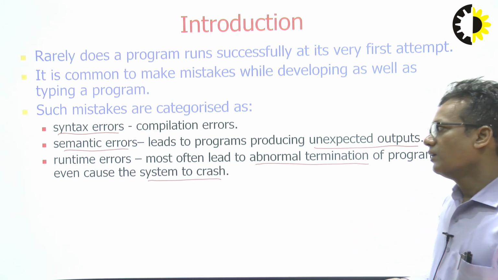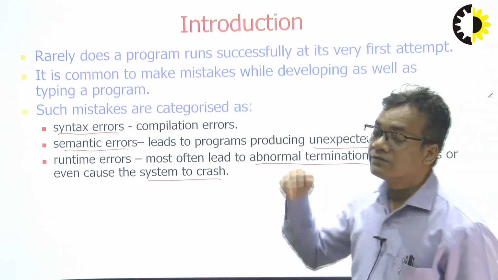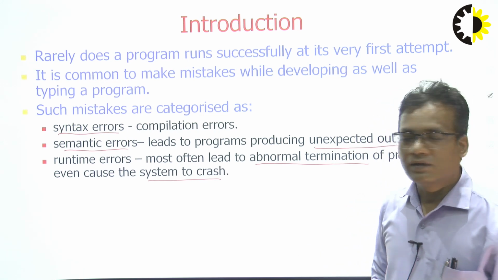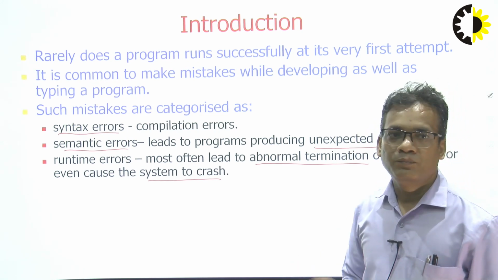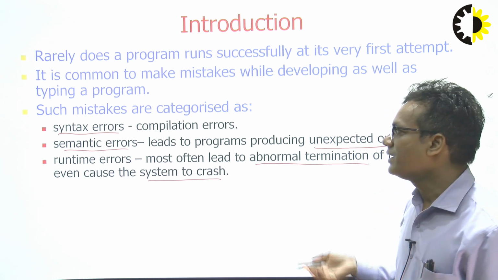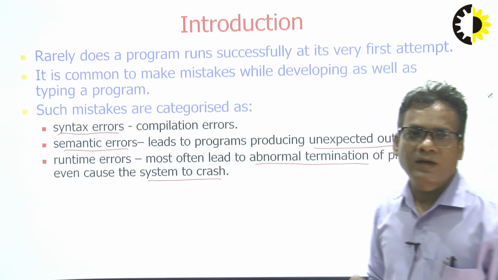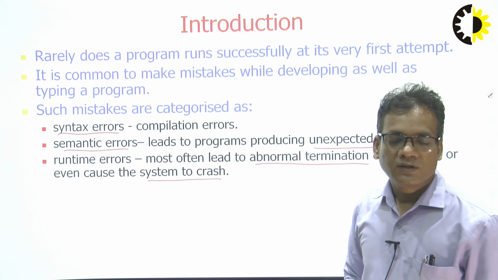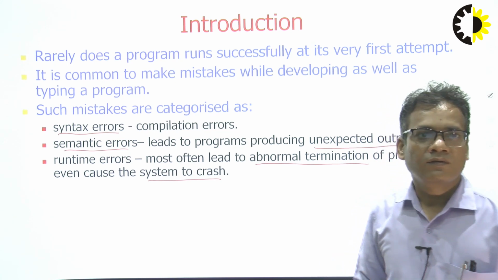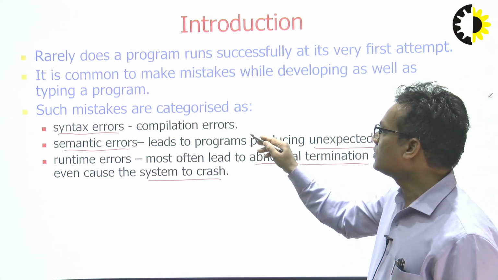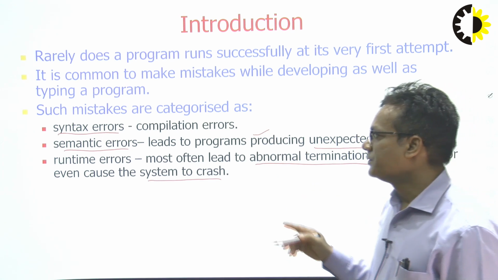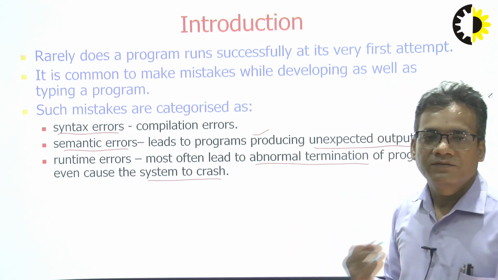Syntactical errors we can handle with the help of correct syntax before running the program. Semantic errors arise from our logic, so if our logic is good, we never get such errors. But runtime errors may occur in different ways.